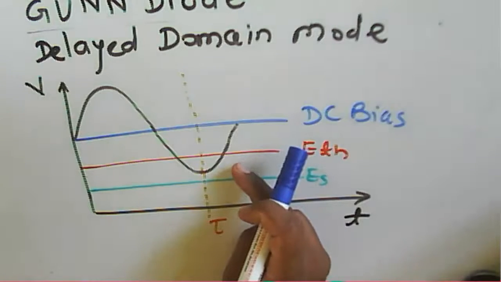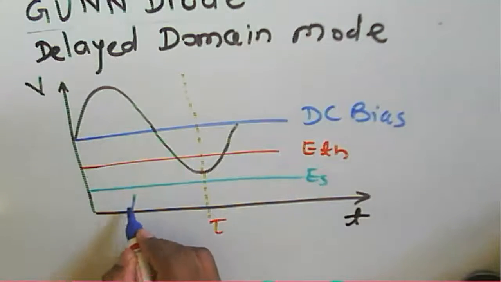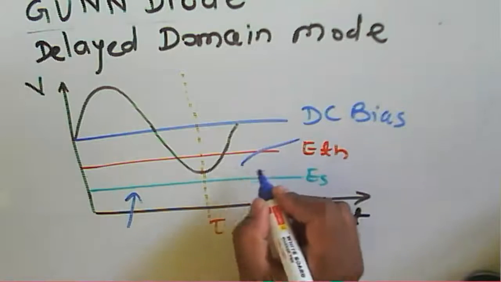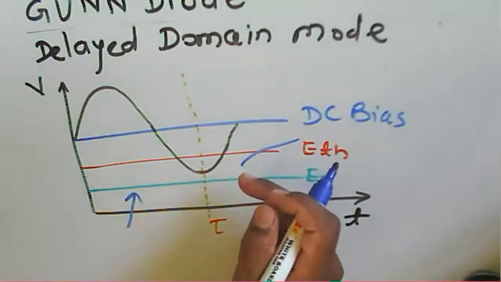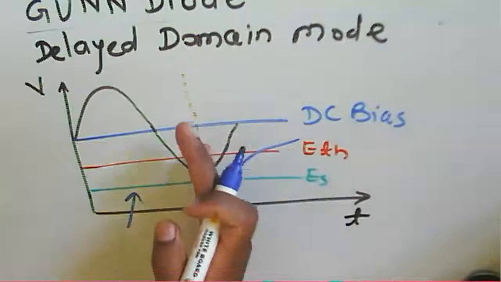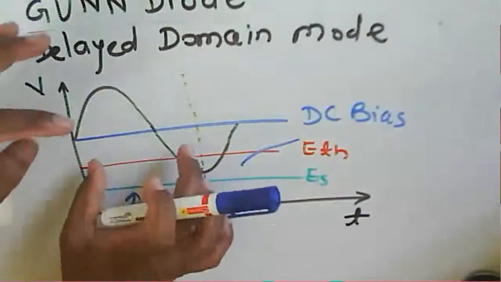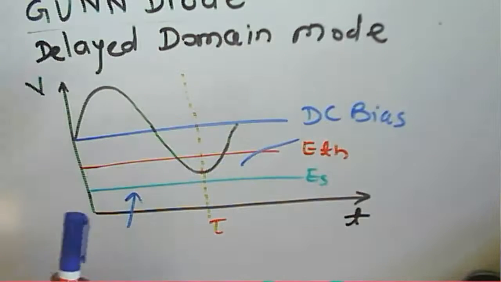In that case, the domain neither grows nor collapses. So this one is the positive resistance region in which the domain neither grows nor collapses. And this one is the negative resistance region, where the domain grows.